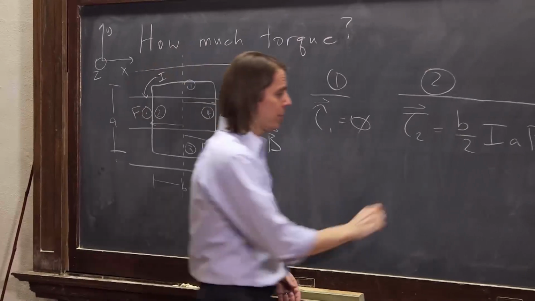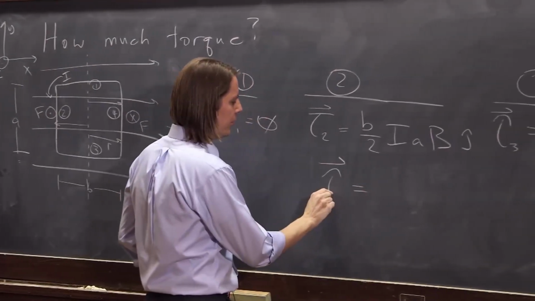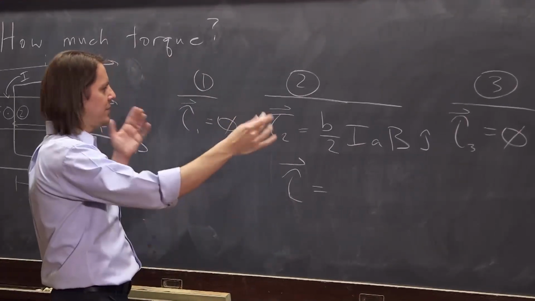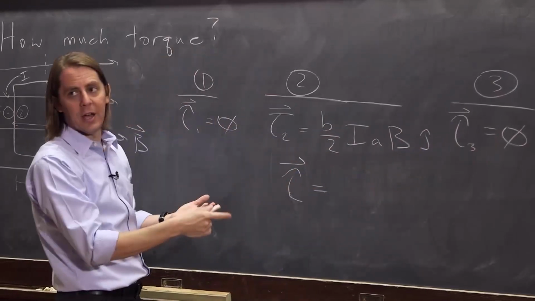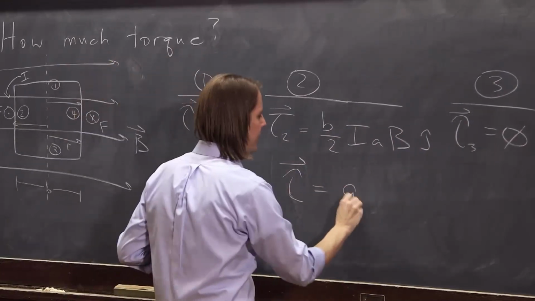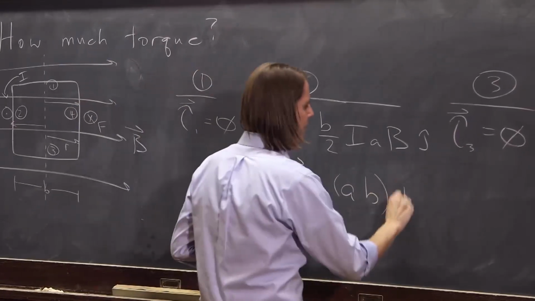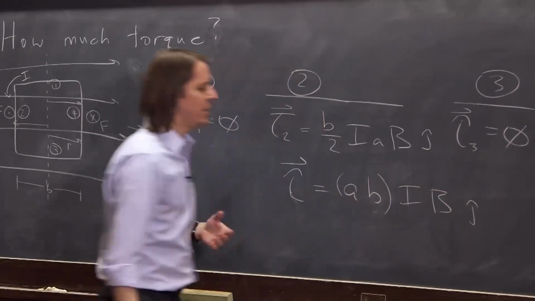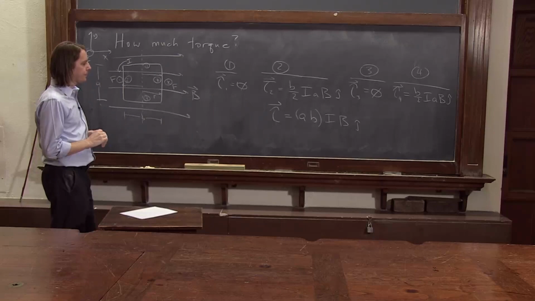So the total torque on the loop, the total torque, it's a terrible tau, that's worse, is the sum of all these: 0, 0, we have 2 in the J hat direction, and they're the same, just 1/2. The 1/2s go away. So we have A times B, that quantity, times I, the current, times the magnetic field. It's in the J hat direction. That is the total torque.